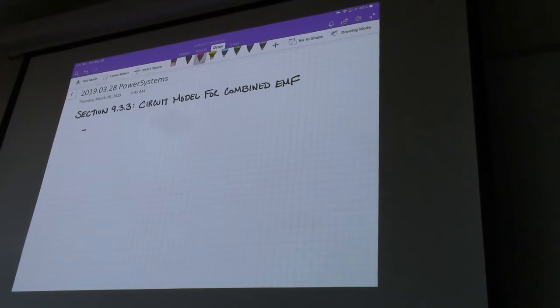So this figure represents phase A armature behavior.